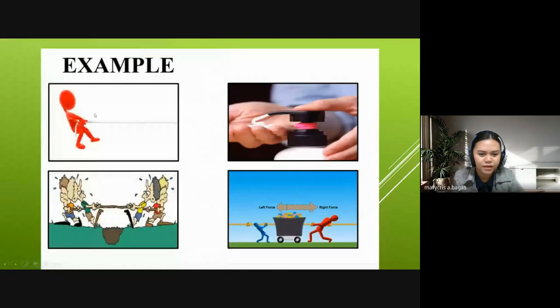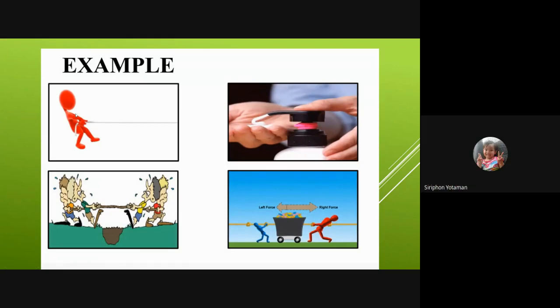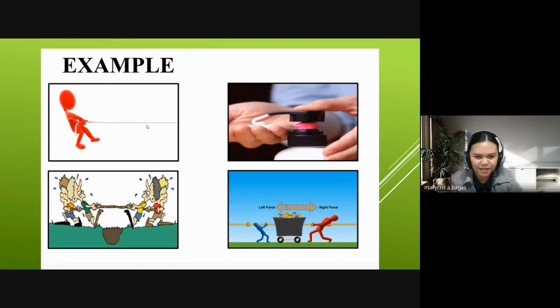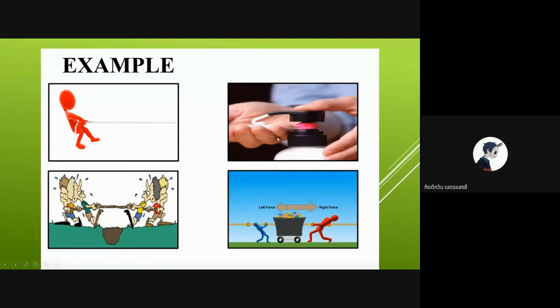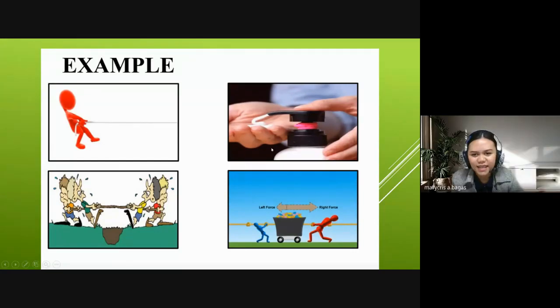So we have here pictures. On the first picture, is it push or pull? Pull. Pull means ดึง. How about the second picture?